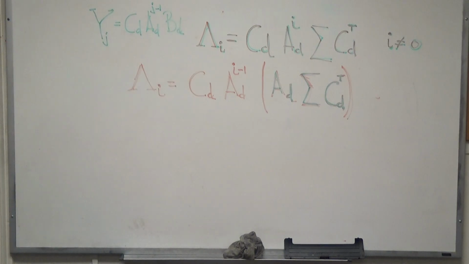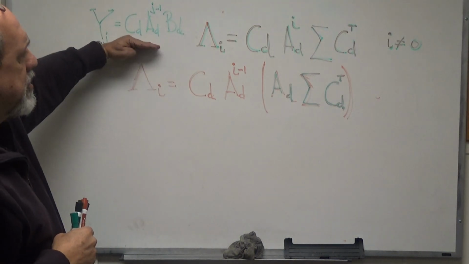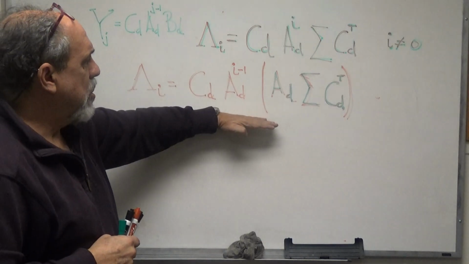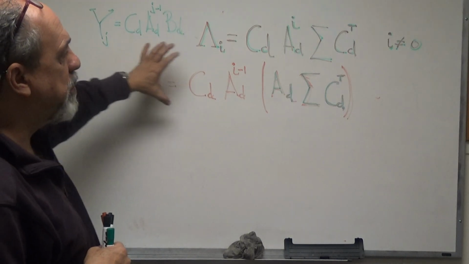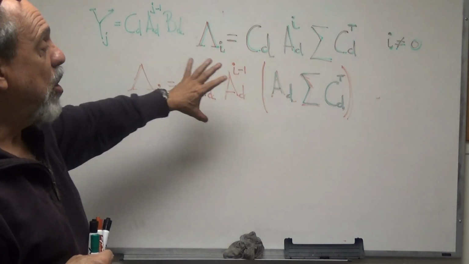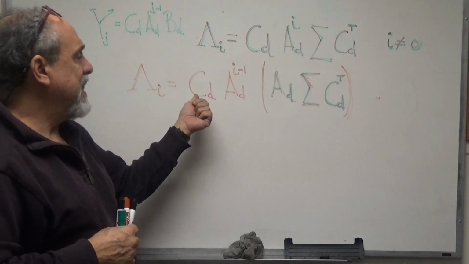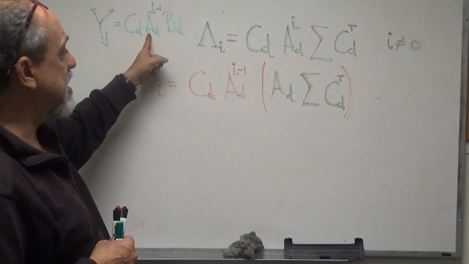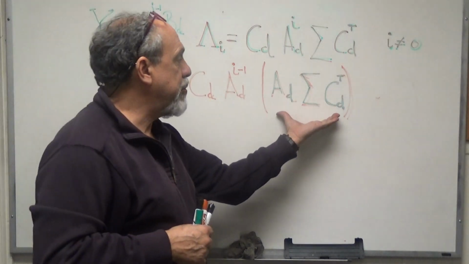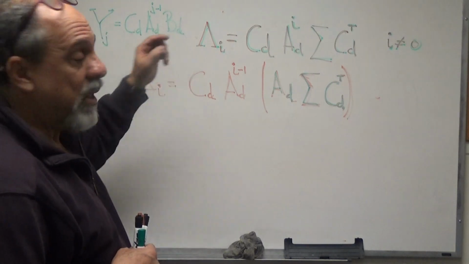Now comparing the expression of the Markov parameters to this, we can see that we can take the output correlation to be Markov parameters of a system that has the same C as the system, the same A as the system, and this product replaces the B.